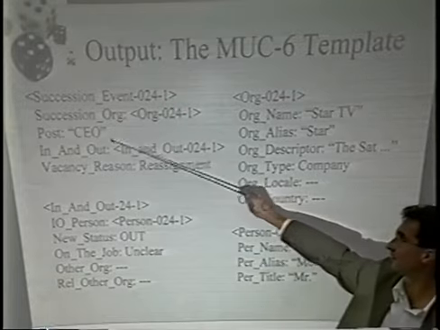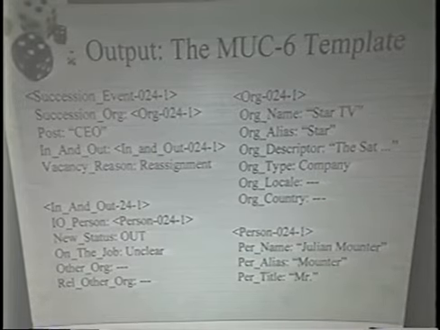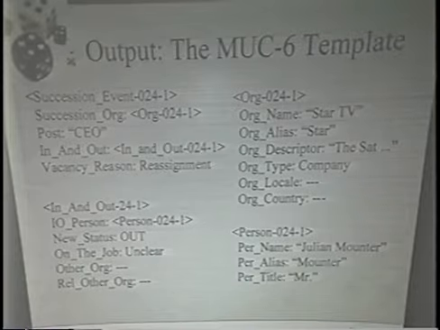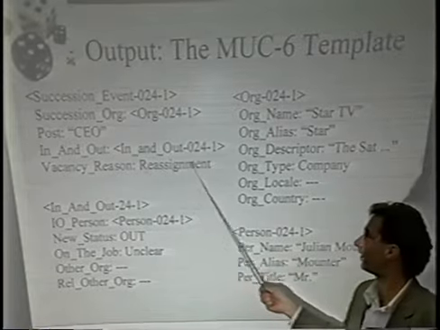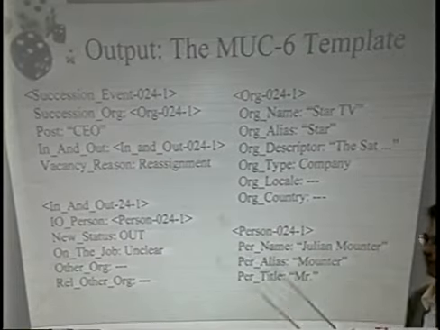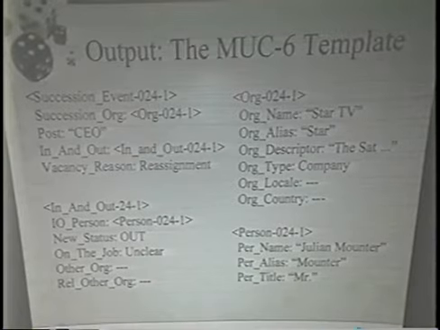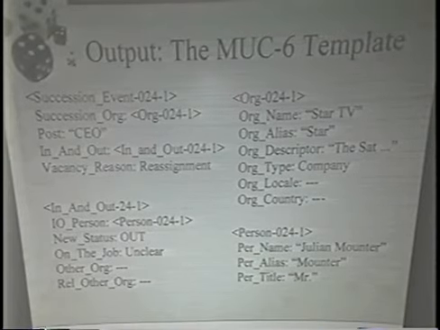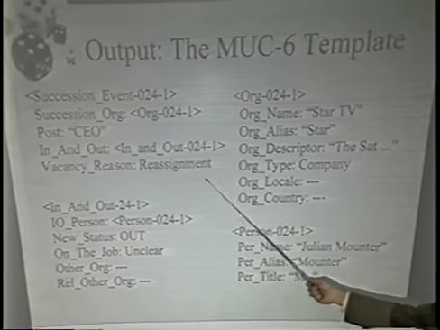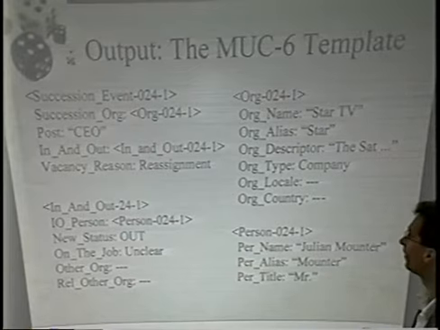You have string fills, like CEO, where you're essentially pulling it out of a text. So that's the post slot. And then you have these slots like reassignment that are called set fills. So you have a pre-specified finite set of values that can go in one of those slots, and you have to pick the right one.